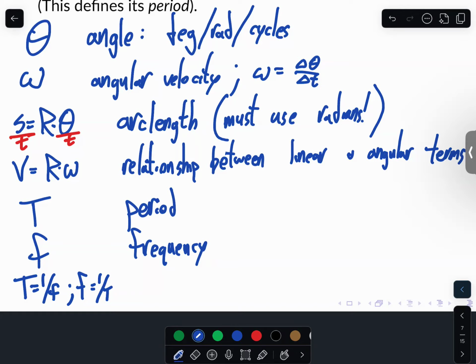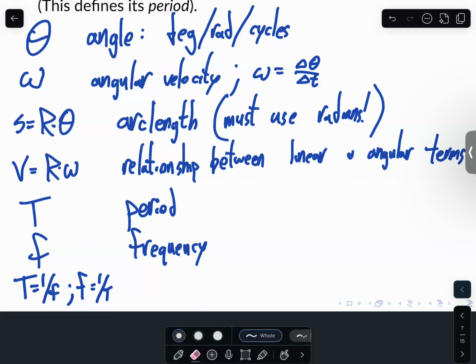S equals R theta, and if I divide both sides by T, I get V equals R omega. S equals R theta, where S is arc length, I promise you.